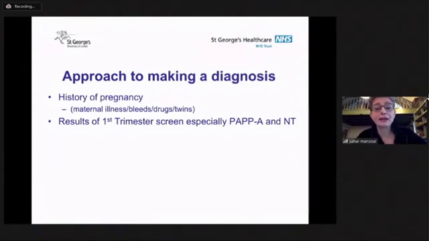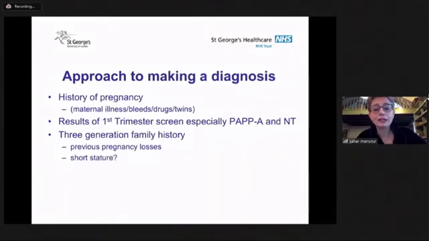Is this actually representing trisomy 21, particularly with short femurs? If the risk was very low, then the risk of trisomy 21 is very low. Is there any short stature in the family or any other problems in the family? Have there been previous pregnancy losses? Are the parents short? Are the parents related by blood because of the increased risk of recessive disorders?